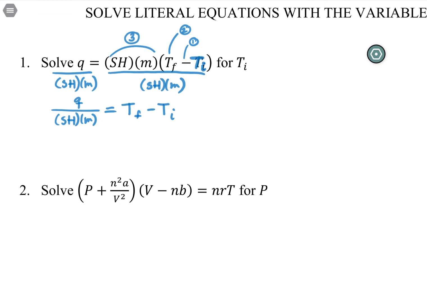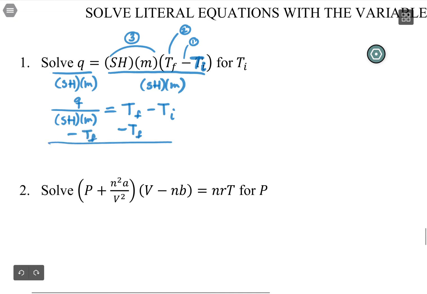Okay, second to the last thing was adding T sub F, so I'm going to go ahead and subtract it. And I get Q over SH times M minus T sub F is equal to negative T sub I. And then the last thing would be to divide by -1 or multiply.